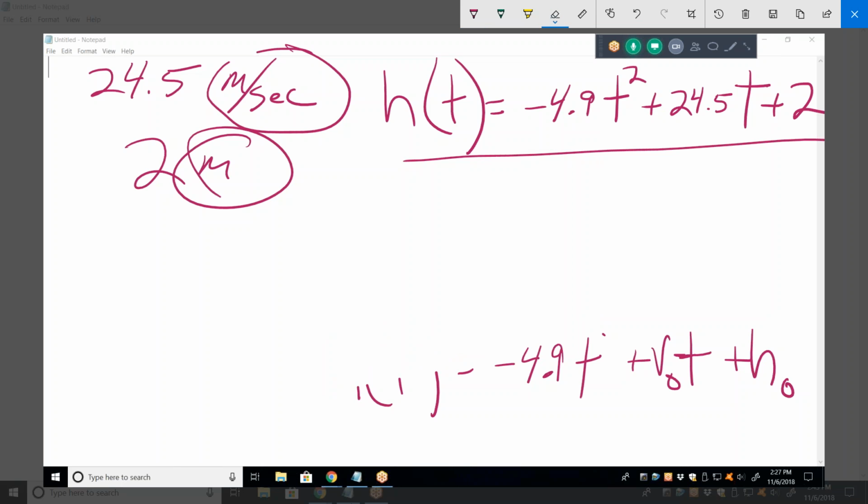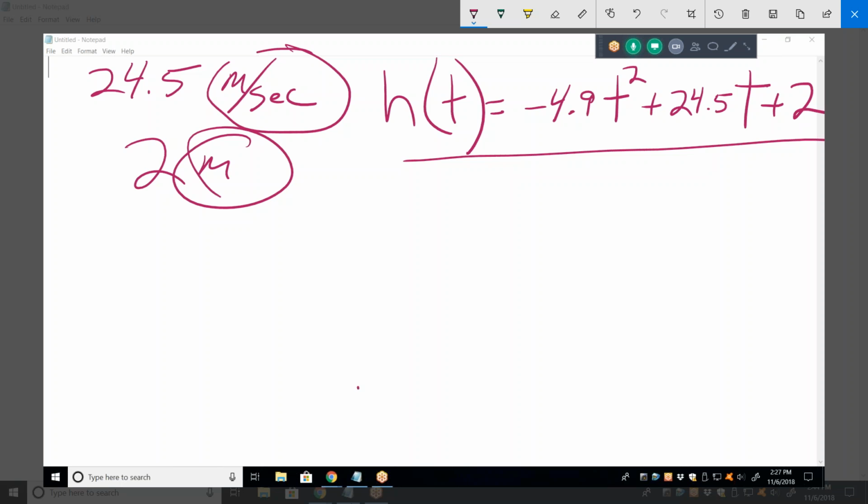Okay? Now, let's just look at that for a moment. If you threw it for 1 second, what would its height be? Well, it'd be a little bit higher than 2 meters, right? Because you're throwing it at 24.5 meters per second straight up. So if I plug in 1 for t, I'm going to end up with a height of about 26 almost, 25.6.